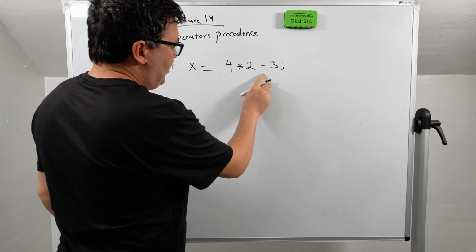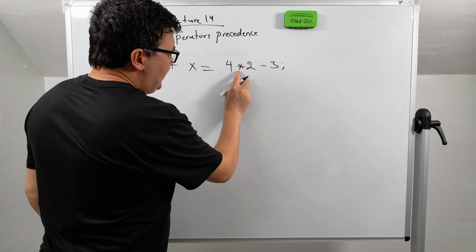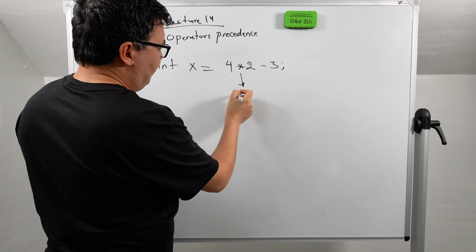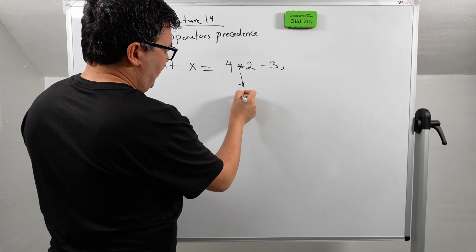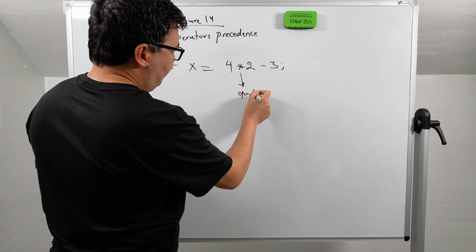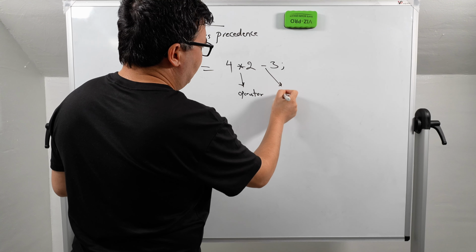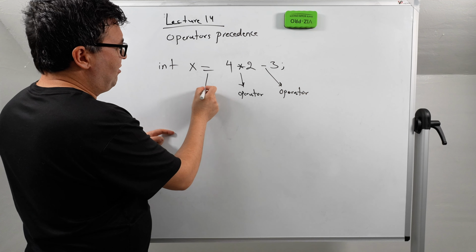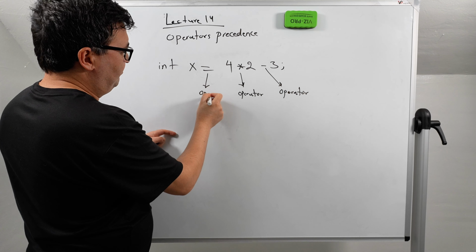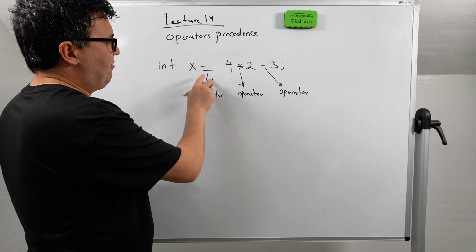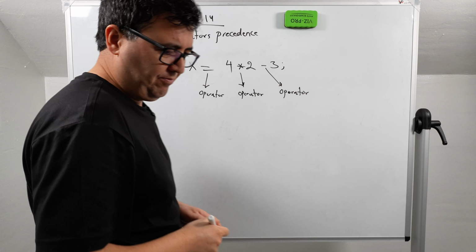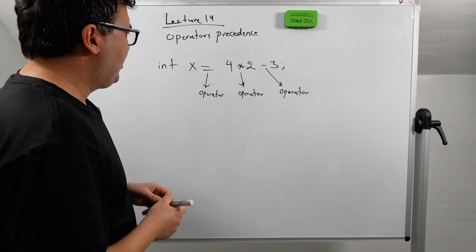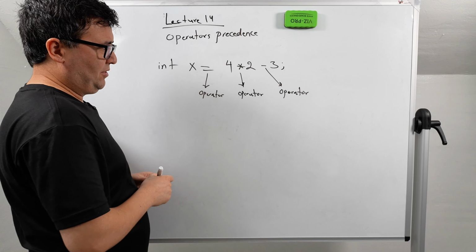In this expression we see a multiplication operator, another operator here, and also another operator here. So we actually have 3 operators. What will be the result? Which value will be stored inside x?